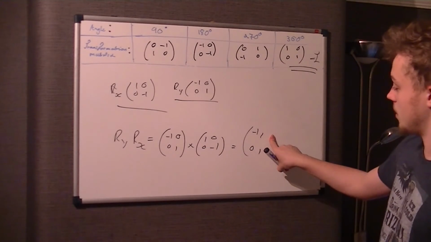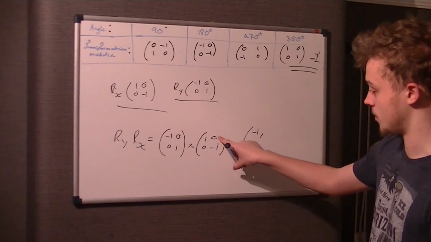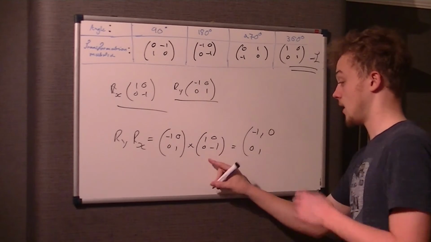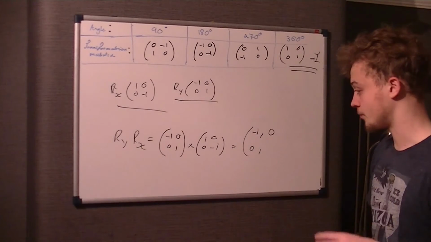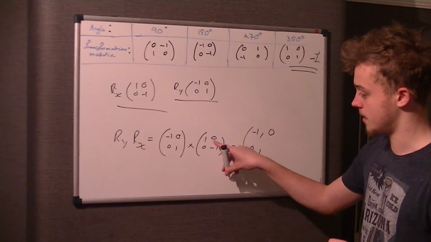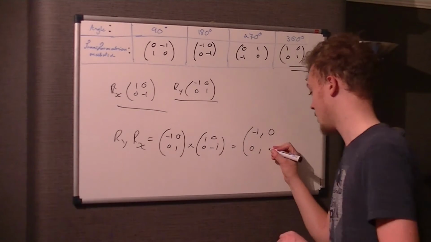And column 2 times row 1 is 0 times minus 1, and minus 1 times 0, which is 0. And then column 2 times row 2, so it's 0 times 0, and then minus 1 times 1, which is minus 1.